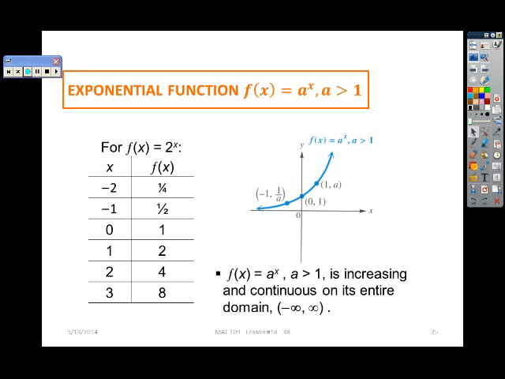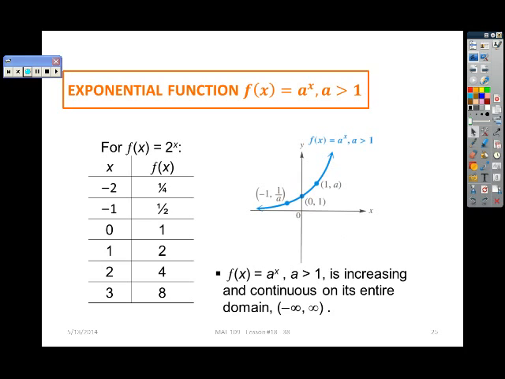A is the base, whatever number we're putting here. In this case, I used 2 for that to get this table. But a can be any other number, it's just a fixed number for this function. What's going to vary is x. So I can either take 2 to the x, or 5 to the x, or 100 to the x, and it will look like that.